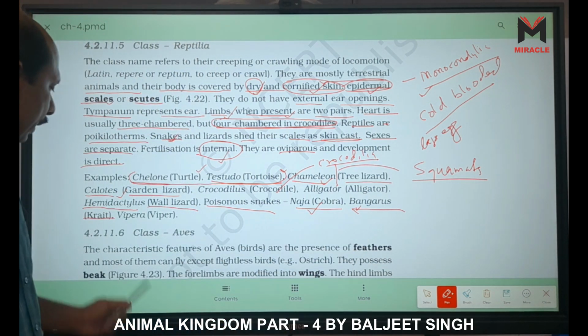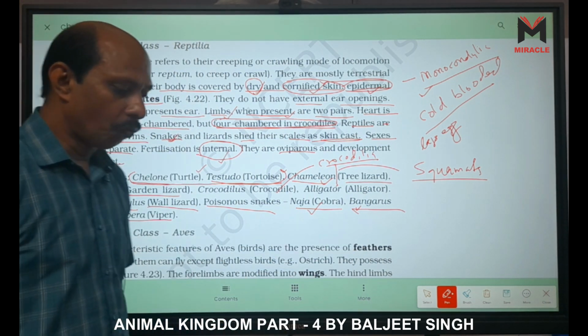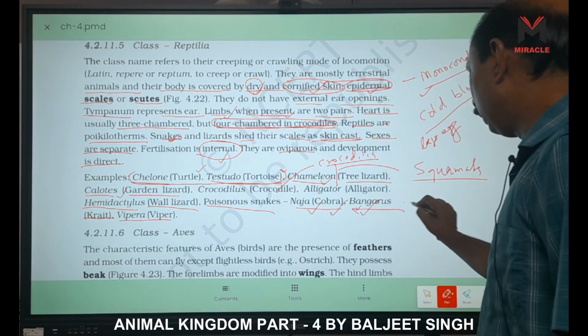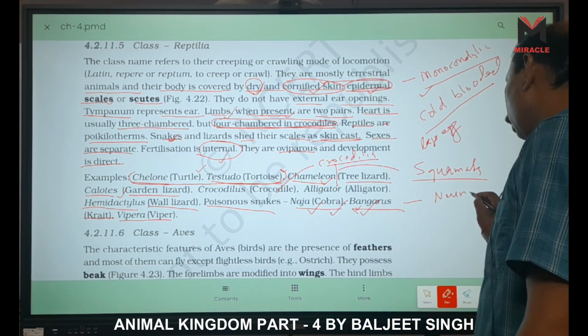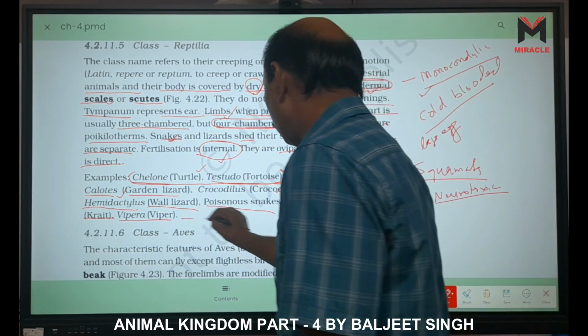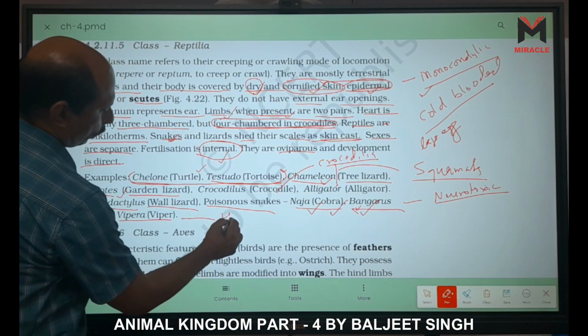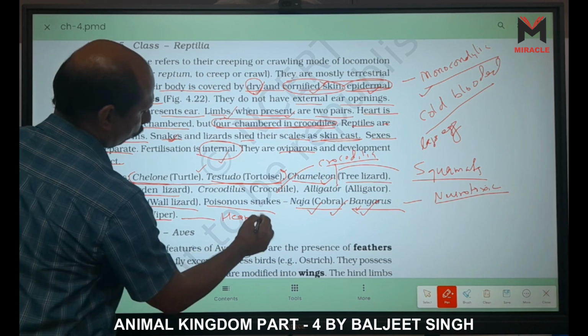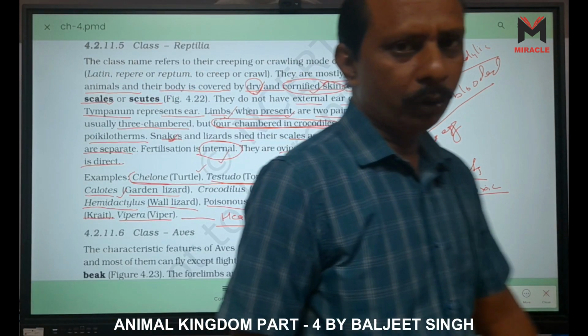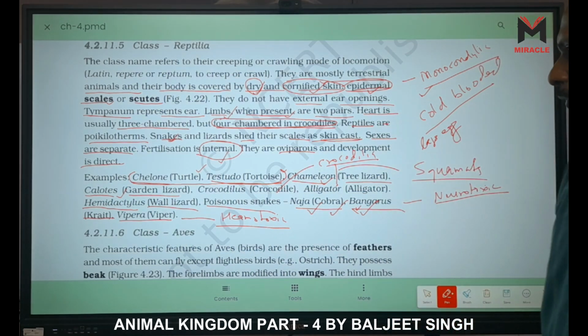Bungarus is called Krait, then Vipera, viper. Look here, Naja, cobra and Bungarus have neurotoxic poison. But Vipera has hemotoxic poison, right? Two types of poisons are there, neurotoxic or hemotoxic.